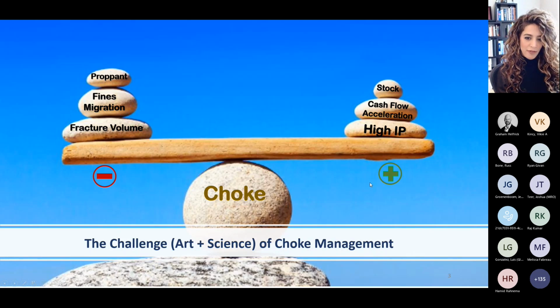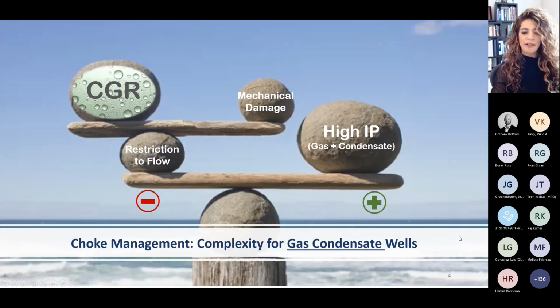However, when we're talking about gas condensate reservoirs, which is the topic of this presentation, we have an added layer of complexity, and that has to do with your condensate gas ratio and optimizing for condensate at the surface.